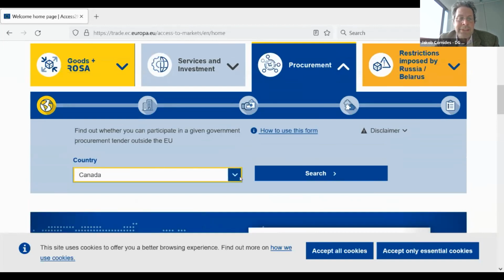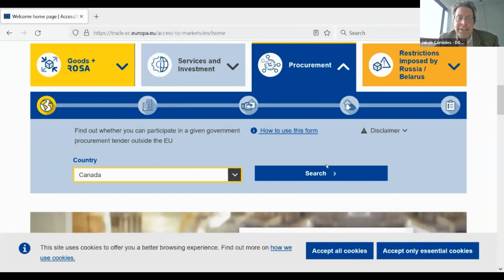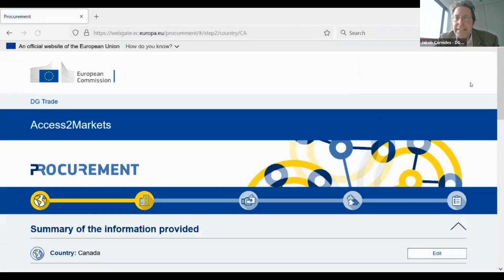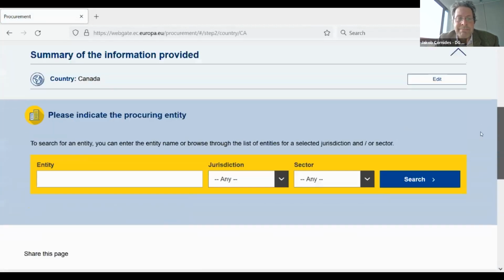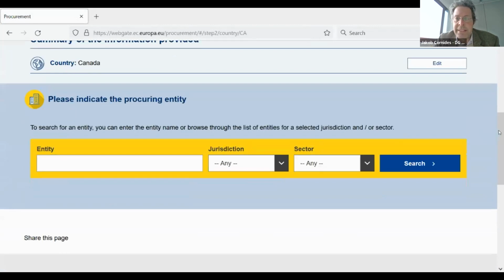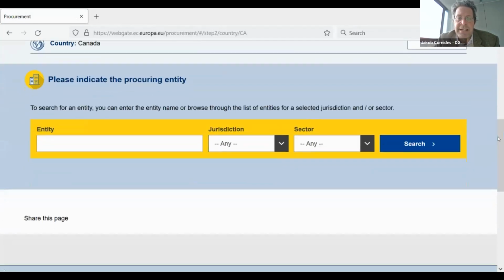Among the two available countries, I'm now selecting Canada, and when I've arrived there, I have to identify the entity. There are various ways of finding the entity, because the whole system is built on the idea that you know which entity's procurement you are looking at.